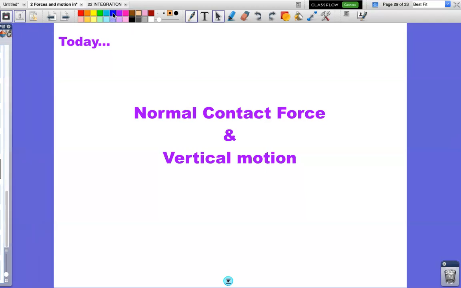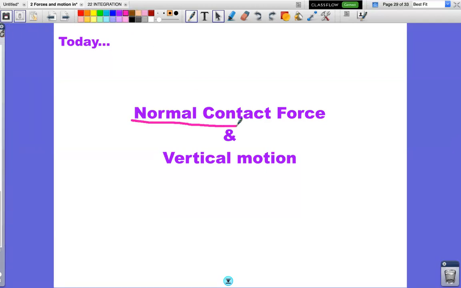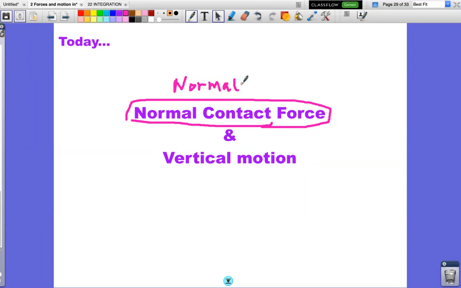This force, the normal contact force, in some books would also be referred to as normal reaction.